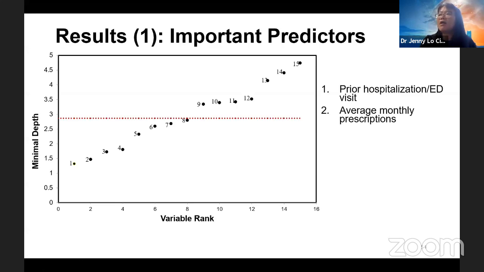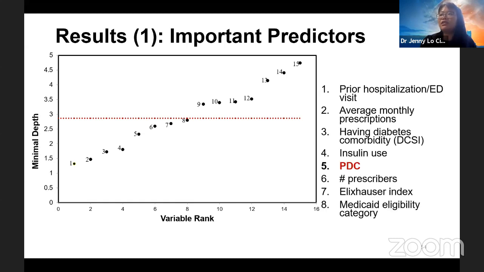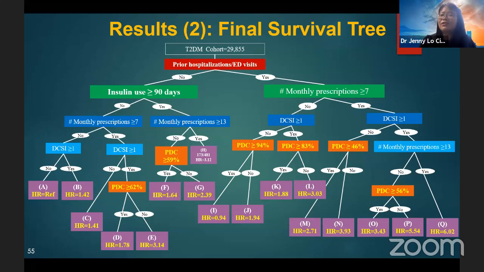There were 8 important predictors identified, and adherence is the 5th one identified as an important predictor. As you can see, I know this looks scary, but the orange bar is just the medication adherence. Interpreting the survival tree is like this: this is the root, you have the total patients.